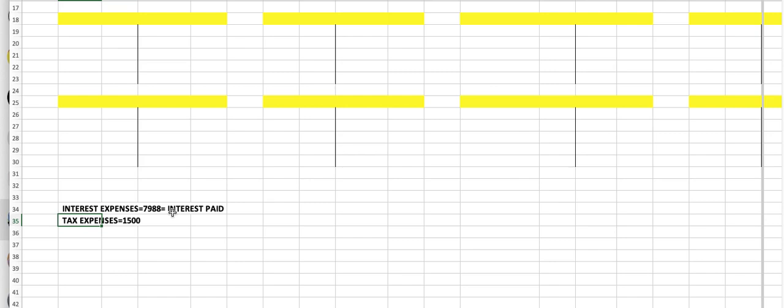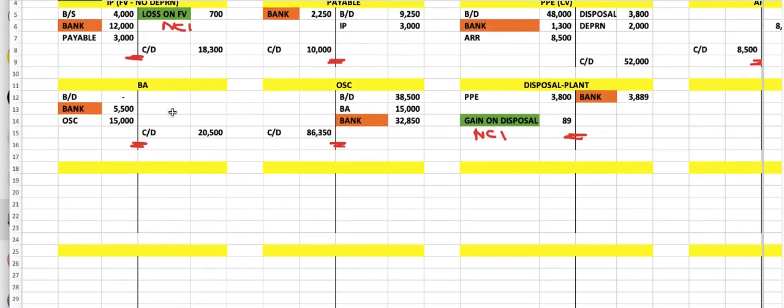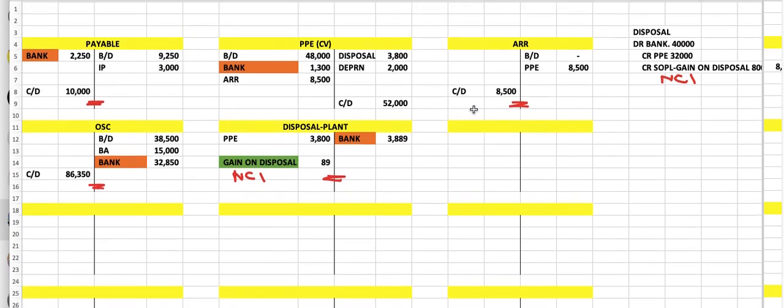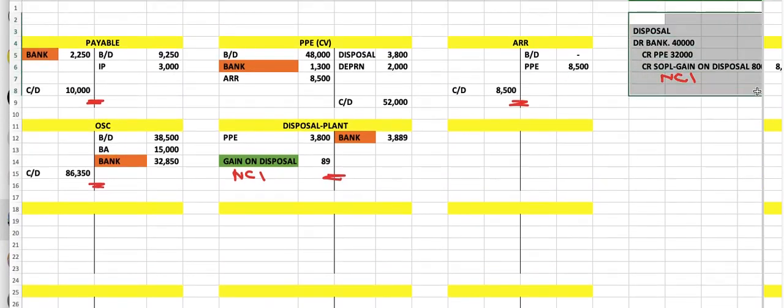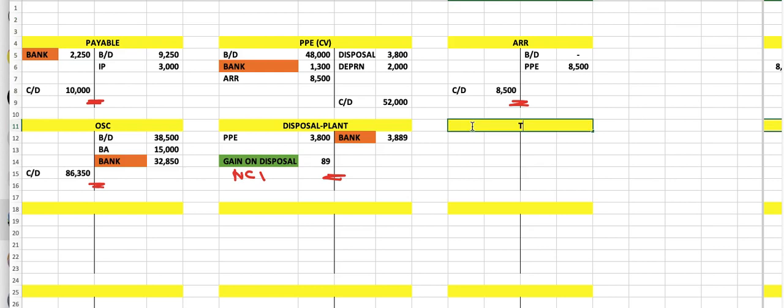Okay, untuk tax expenses yang info yang diberi tu, then we have to open the tax account. Okay, so saya buka kat sini. Okay, so saya akan buka tax payable. Okay, if you look at the question, dia ada dua. Tax recoverable under current asset dan tax payable under current liability.